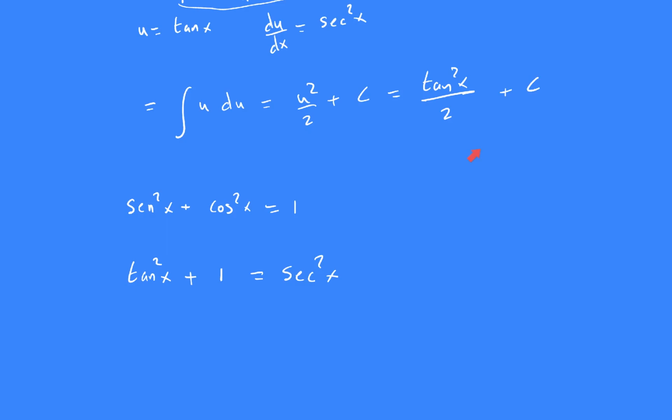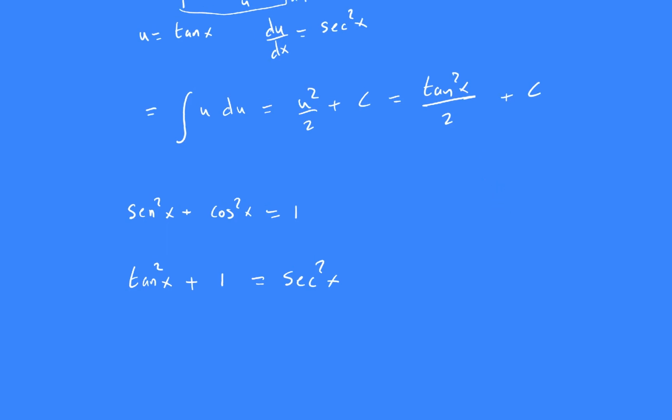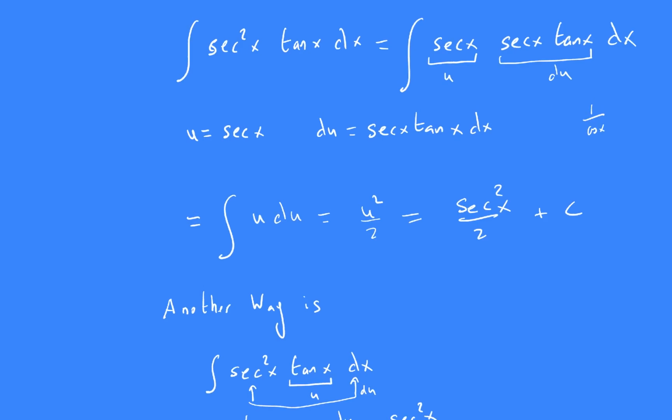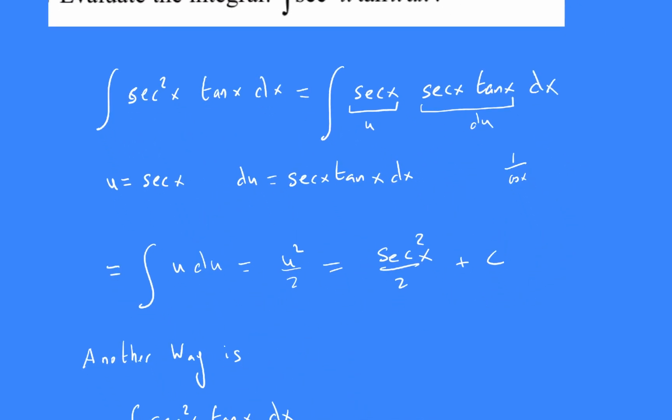The next one is like this. Find the integral of secant squared of x times tangent of x. The first thing that we do is almost the same trick that we did before.